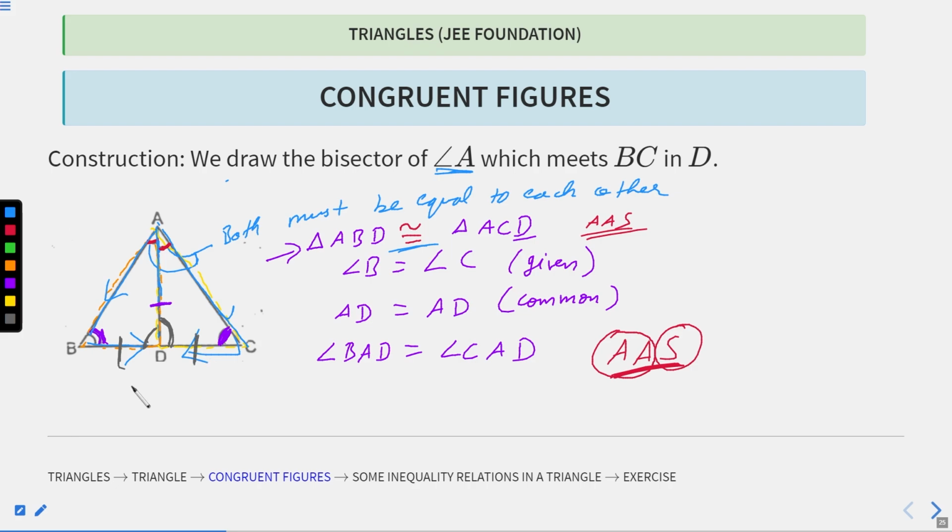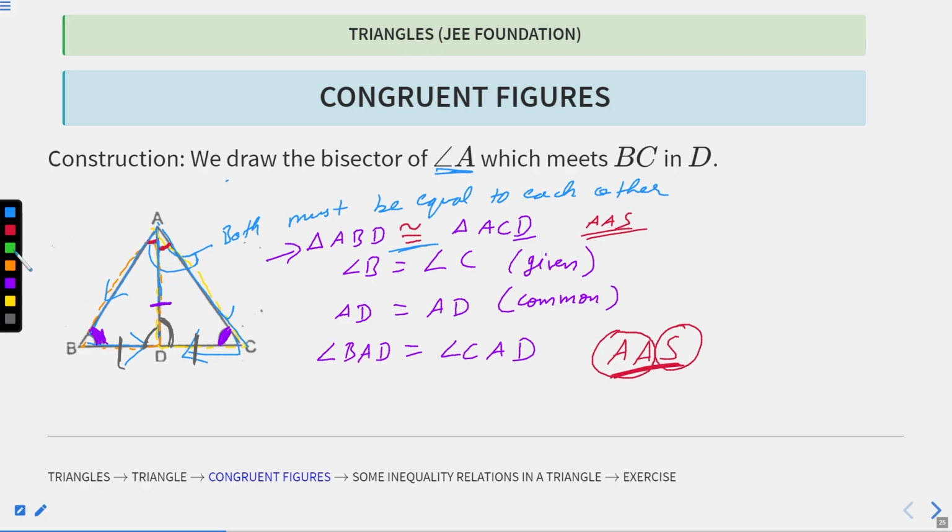So BD is equal to DC, and the side between the purple angle and the red angle must be equal in length to the side between the corresponding angles in the other triangle, which are red and purple.